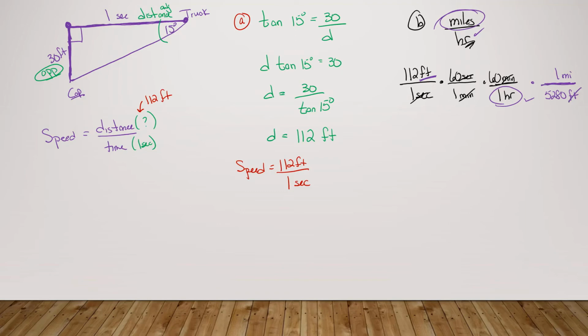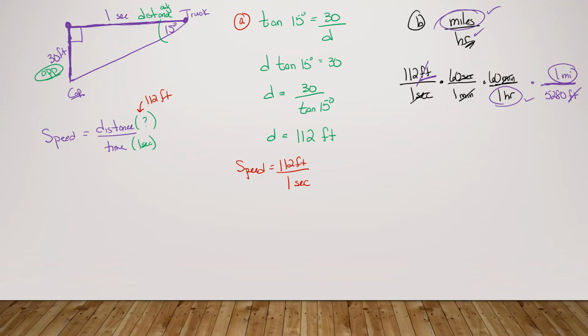Yeah, to cancel the feet on the top. Now I've got miles on the top, which is what I wanted. This conversion technique is very simple. I put the units where I need them so I can cancel the other units. I put miles on the top and feet on the bottom so I could cancel the other feet that were on the top.